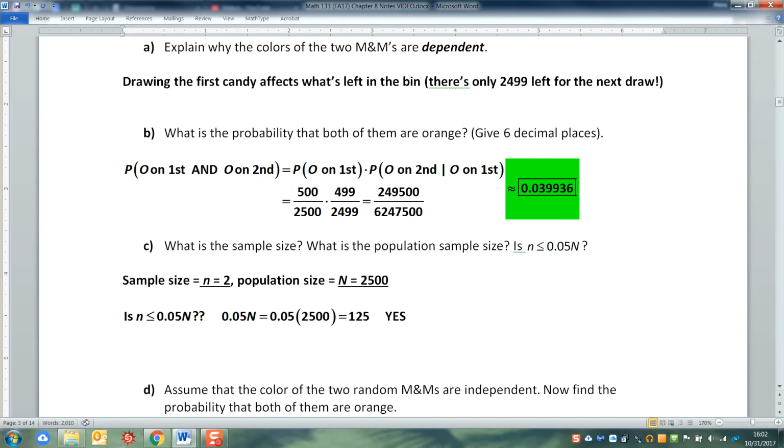So yes, 2 is less than 125. Therefore, little n is less than 0.05 capital N.